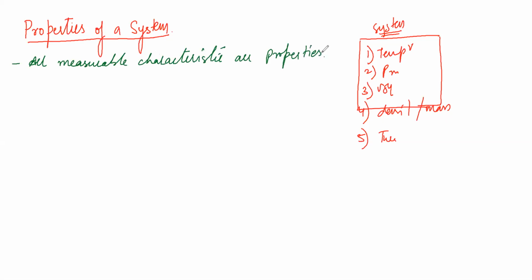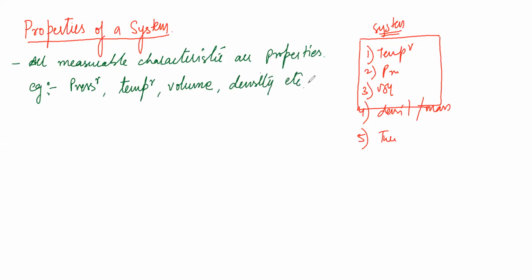Examples are pressure, temperature, volume, density, etc. So these are the properties of a system.